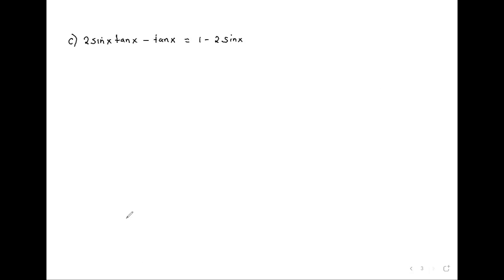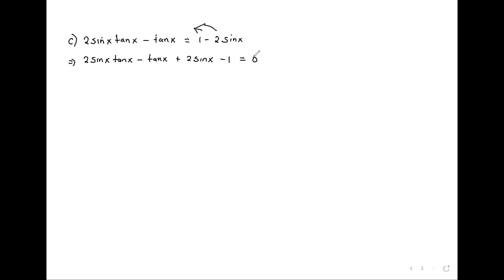Okay, so we have C. We take the other side and see if we can use them. So we have 2 sin x tan x minus tan x plus 2 sin x minus 1 is 0.